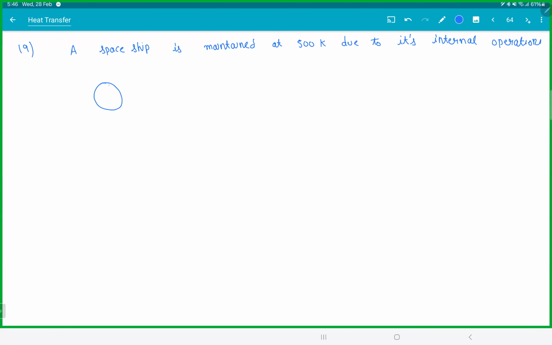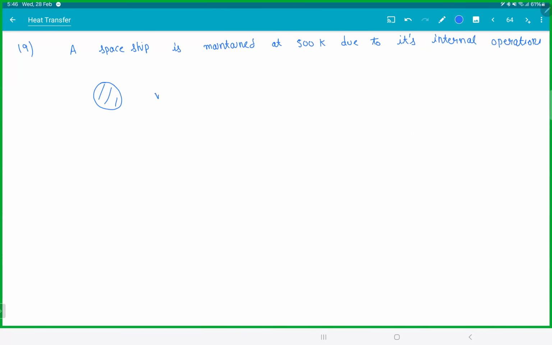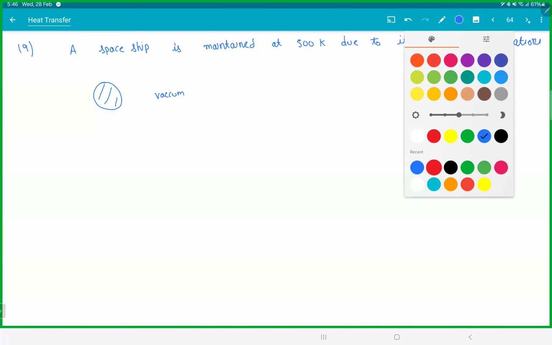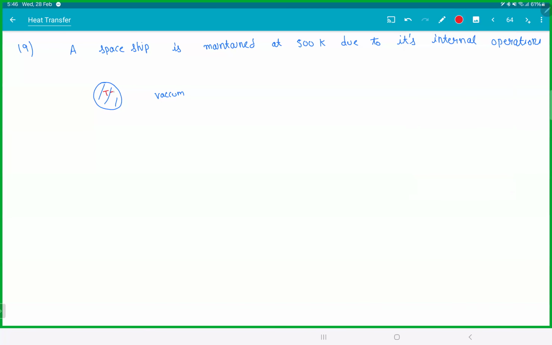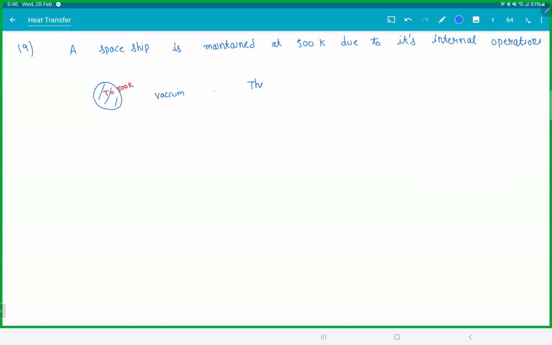Meaning you have a spaceship there. Now the spaceship is enclosed by a hollow shell of radius 2r.